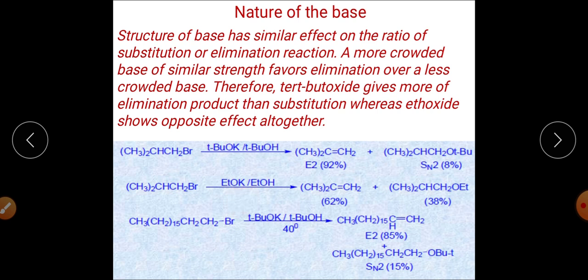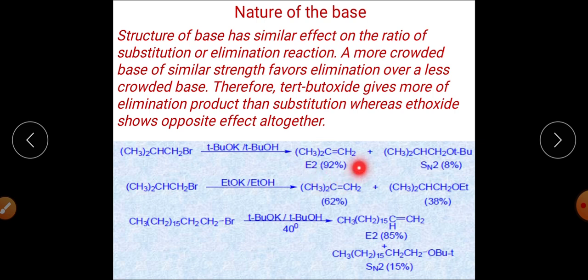You can see the difference of these two bases because the substrate is the same. In the above example, when you are taking an overcrowded base, you have 92% of the E2 product.